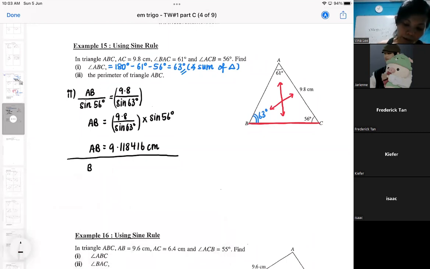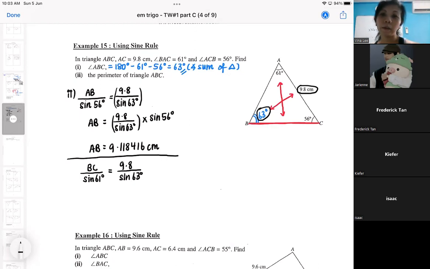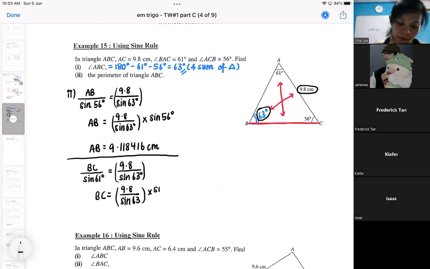So BC will form a fraction with sine 61, and 63 degrees and 9.8 form another fraction. Again, you cross multiply, so this whole thing is multiplied with sine 61.